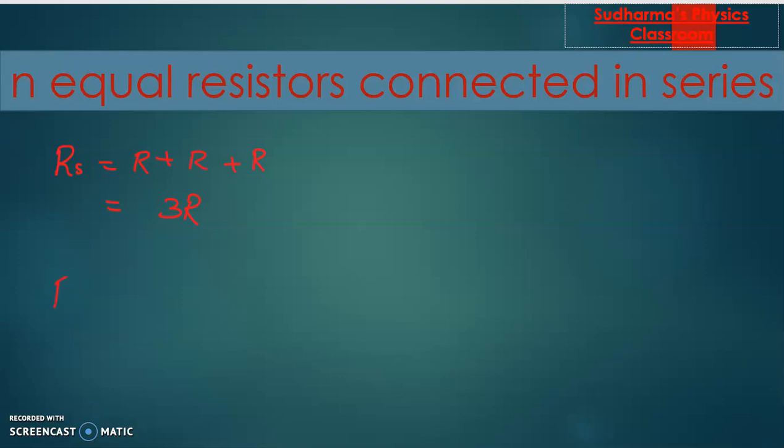That means if n equal resistors, it's important, equal resistors, are connected in series, we are going to get the total resistance as n times R. So this is a shortcut formula we can always use when it is required. Hope you understood about series combination.